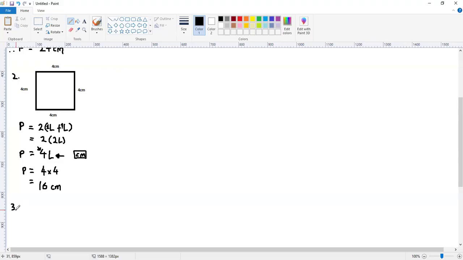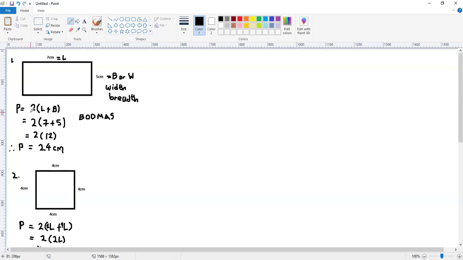Yes, in this case, whatever is the side of that square, simply multiplied by 4. And for a rectangle, P equals 2 bracket L plus B. Yes. That's it. All right. So should I proceed? Yeah.